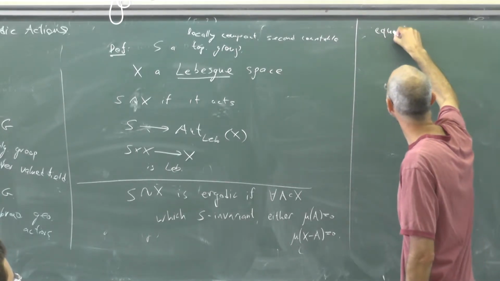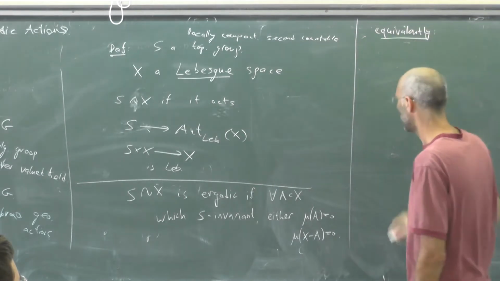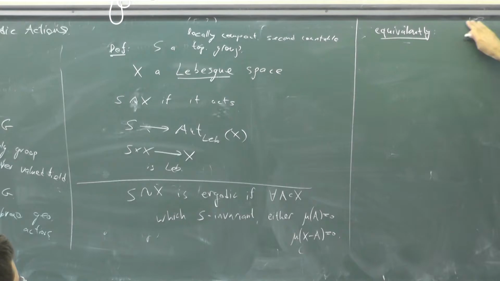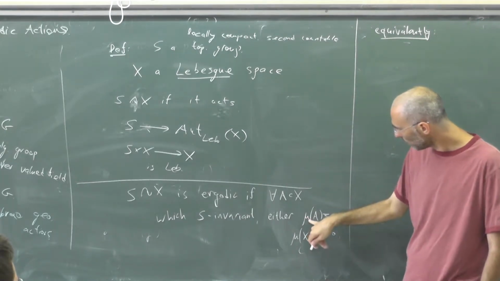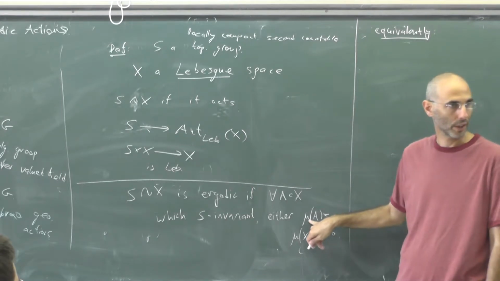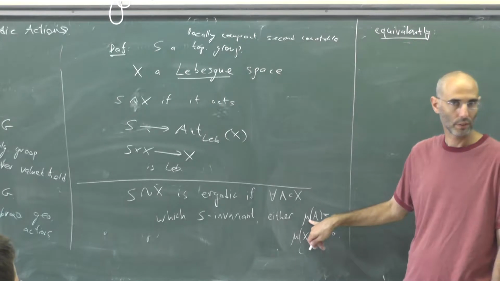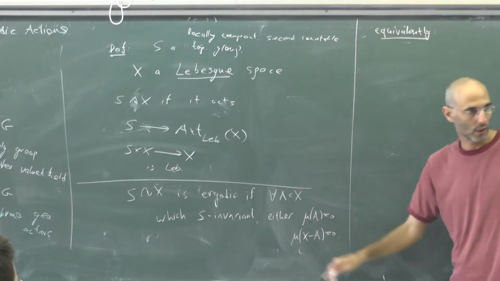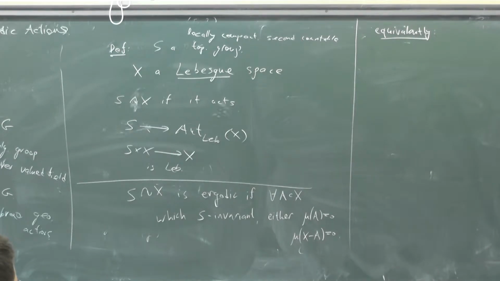Equivalently, and by the way, again, mu here is a measure, or maybe I want to think about it as a measure class. I care mostly about zeroness of sets. Nullness.